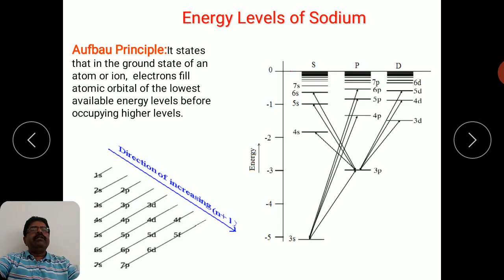So the energy levels of sodium: the excited states or higher energy levels, you can see 3p, 4s, 3d, 4p, then 5s, then 4d, 5p, and so on, according to the order explained by the Aufbau principle.